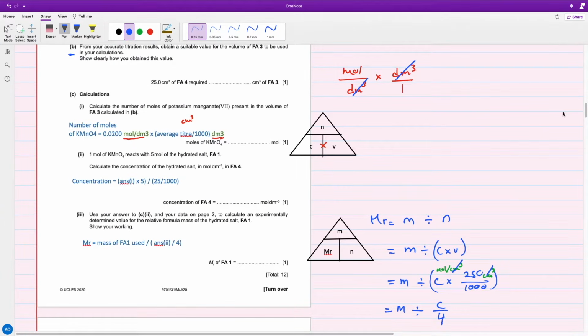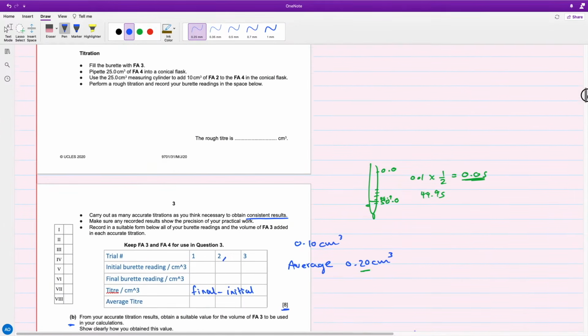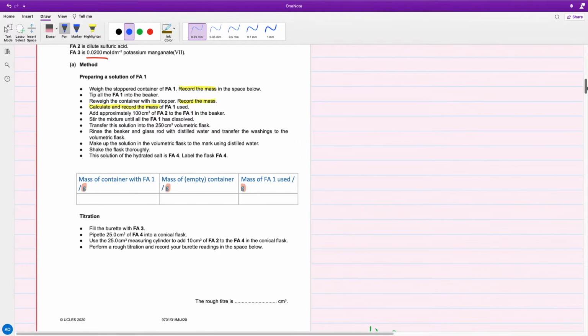Now, they told us that 1 mole of potassium manganate reacts with 5 moles of the hydrated salt. So you're going to divide whatever your number of moles were by 5, and you're going to divide by the volume, which was 25, because if you go back up here, it says pipette 25 centimeters cubed of the FA4 into a conical flask.